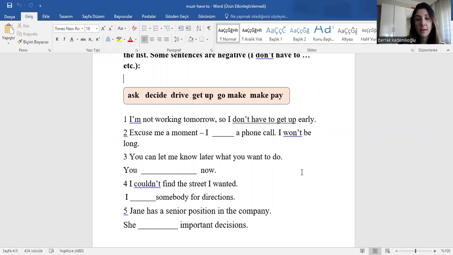First one: I'm not working tomorrow, so I don't have to get up early. I will give you one minute to fill in the blanks, then we will continue.